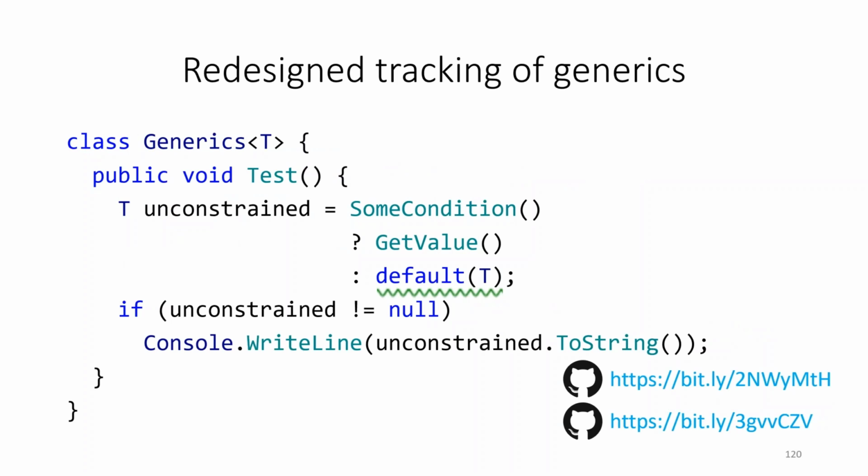And tracking of generics was redesigned. For example, when the feature was officially released, there were warnings for every default or null literal converted to a generic type, because it was unconstrained and someone can substitute this type with a non-nullable reference type, and this assignment would be wrong.